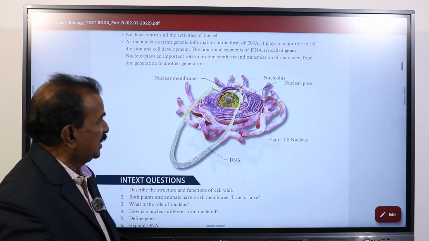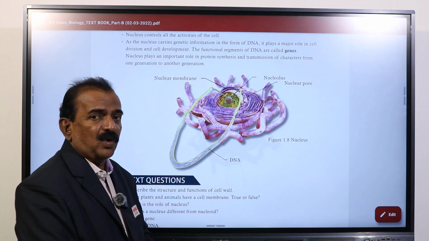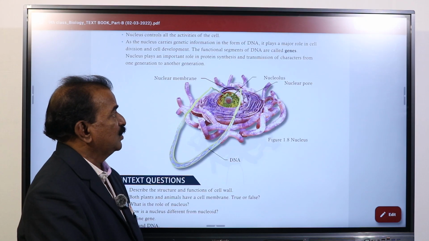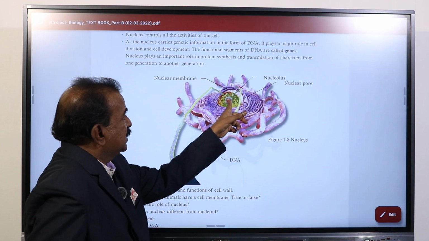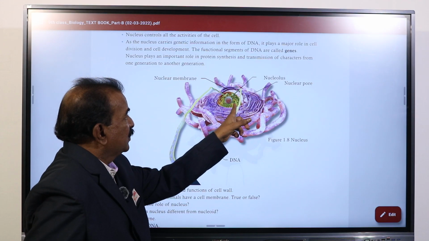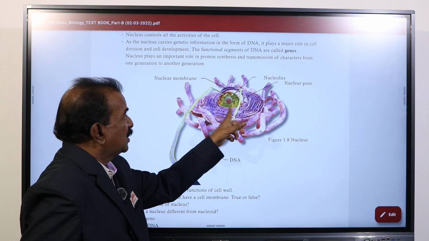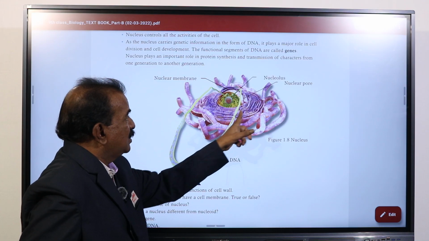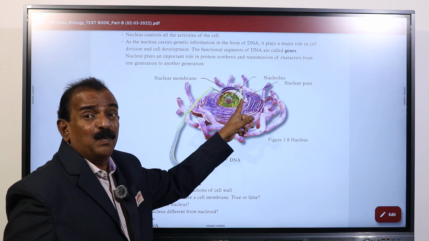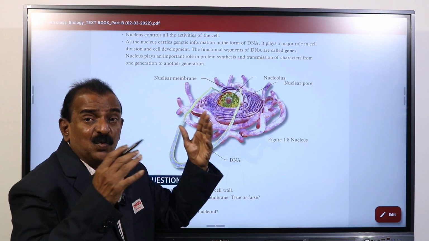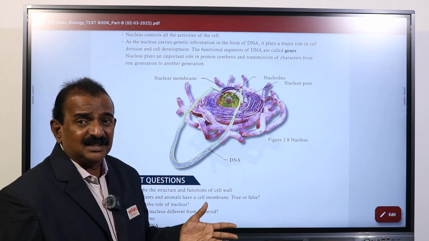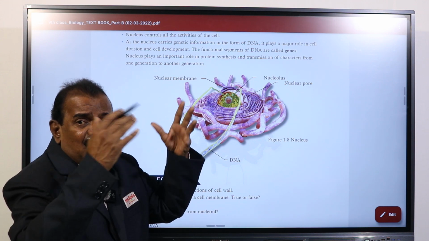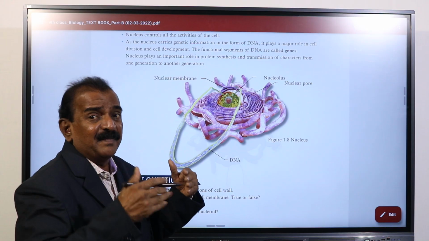Children, here you are observing figure number 1.8 nucleus, and there you see the presence of nucleus, and here this is chromatin, chromosomes. Chromosomes are present in the nucleus, and around the nucleus you can see the presence of endoplasmic reticulum, a network of tubular structures, sac-like structures, performing its own activities.